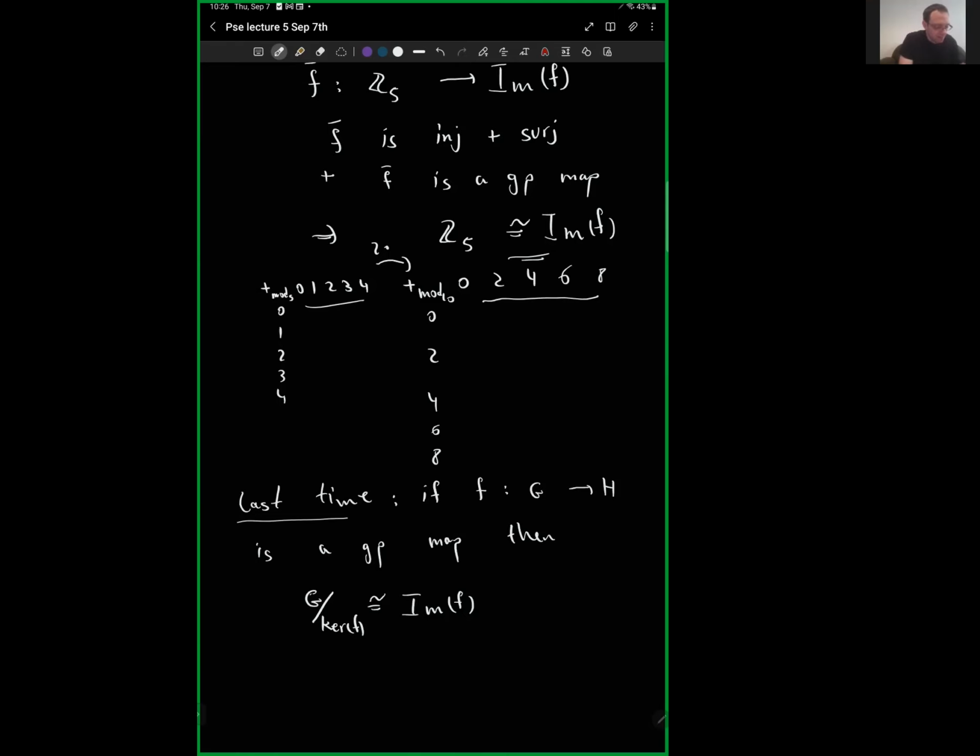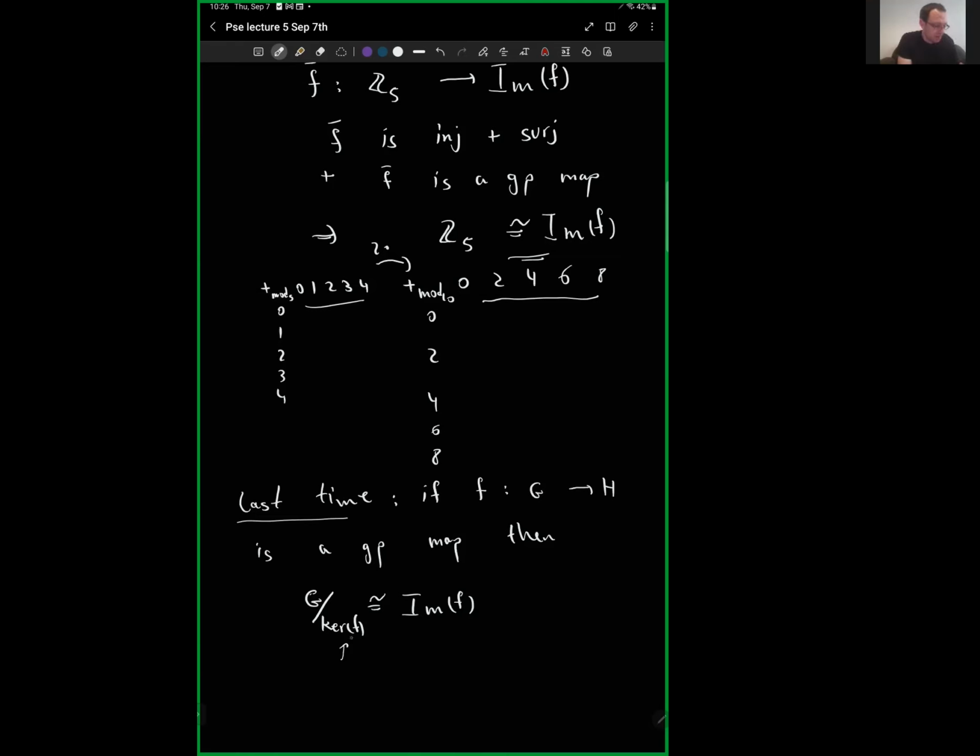And the intuitive explanation for this is that the kernel of F is kind of a measurement for how close F is to being an injective map.